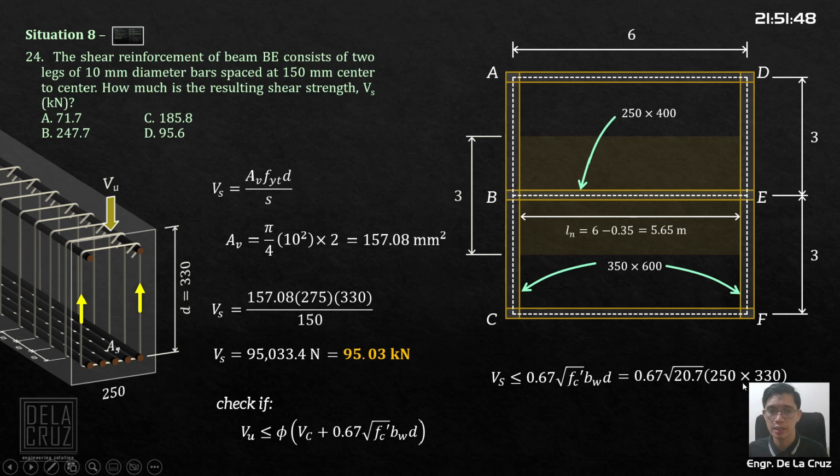Substitute natin. Then, take note, yung VS is 95,033.4. 95,033.4 yan. 4 newtons, hindi yan 0.5. Okay. And yung term nito, calculate that one, 251,486.21 newtons. So, okay naman siya. Ito yung duda ko kung wala talaga exactly ito.